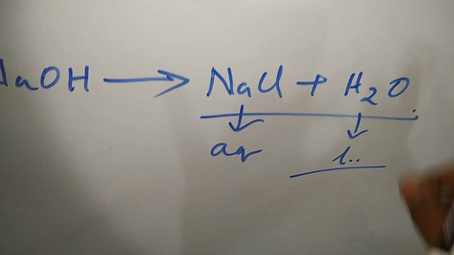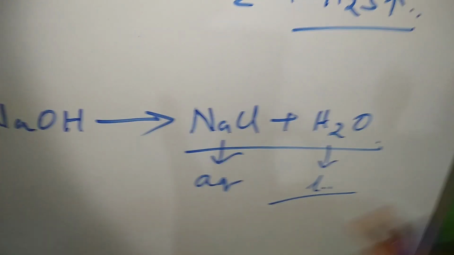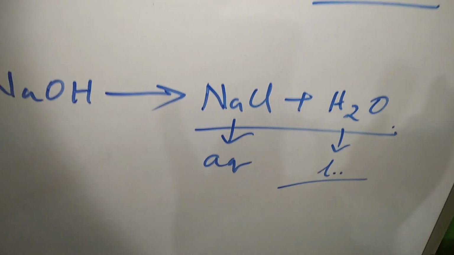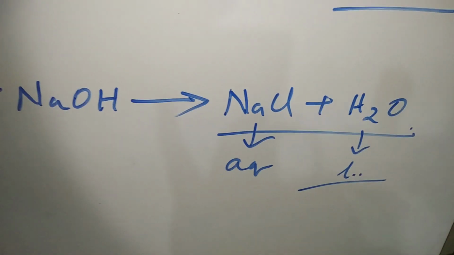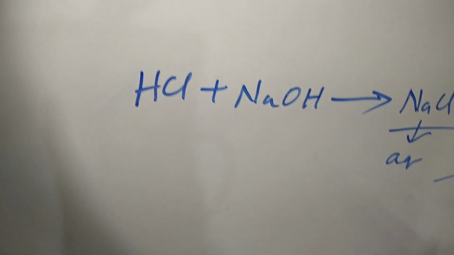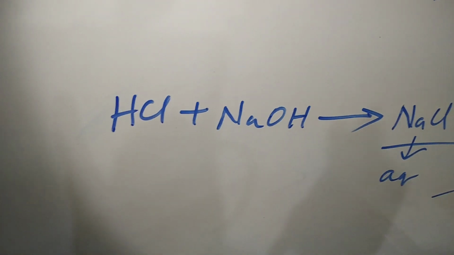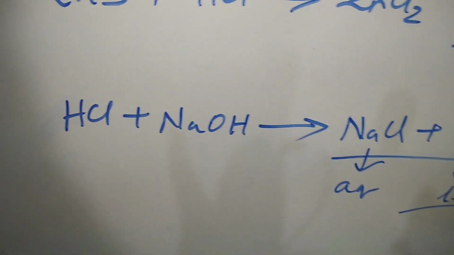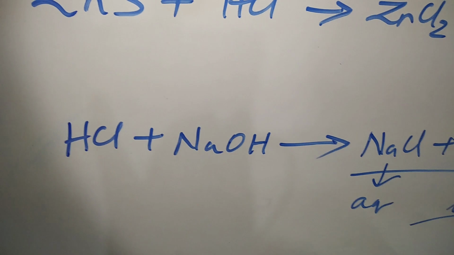New molecular form, but no precipitation, no gaseous form, only two new compounds form, and this is only the formation of the molecular compound. We will see in the next video, in the neutralization reaction, basically acid base reaction.